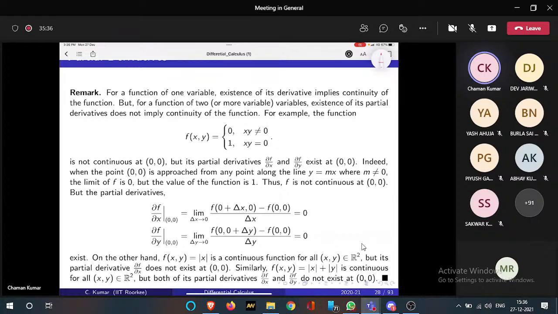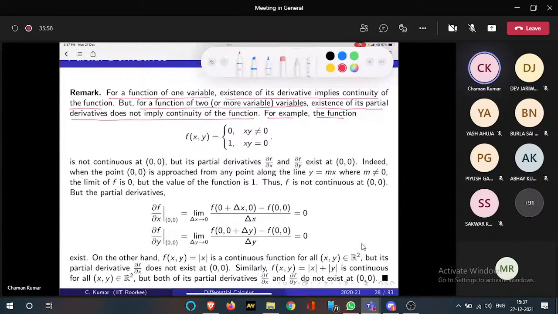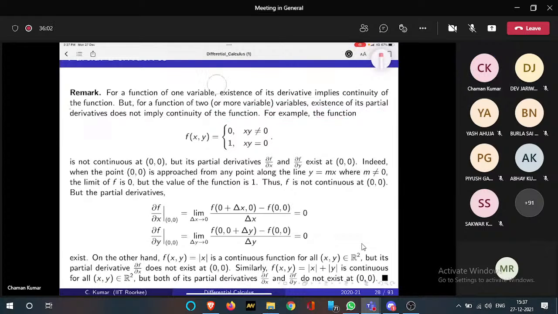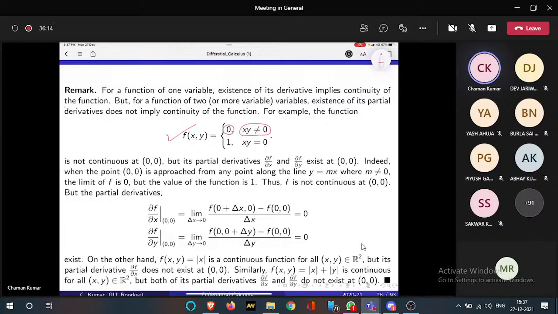So this is explained here with another example. So consider, for a function of one variable, existence of its derivative implies continuity of the function. But for a function of two or more variables, existence of its partial derivatives does not imply continuity of the function. For example, if I consider this function, where xy is not equal to 0, the value of the function is 0, and when xy is equal to 0, the value of the function is 1.